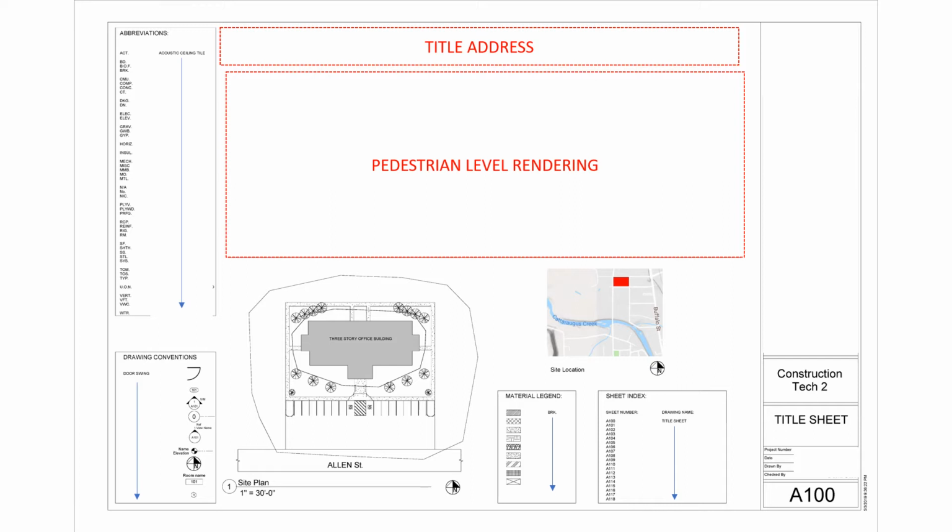Next, you're going to have drawing conventions. So you're going to represent door swings, door tags, etc. Same concept as before. I've represented one here, and you can go down the list, checking these off and making sure that they're correct. If you have any different drawing conventions in your document set, please make sure they're noted here.